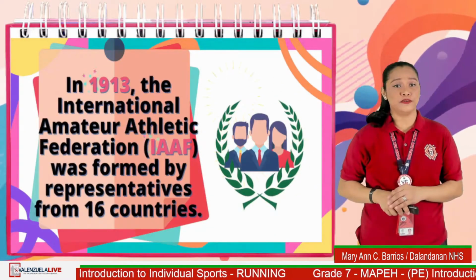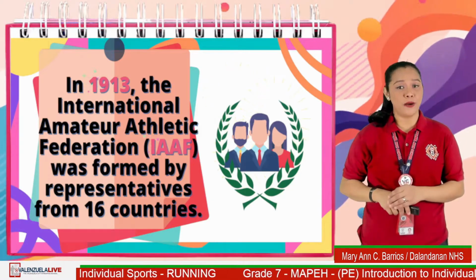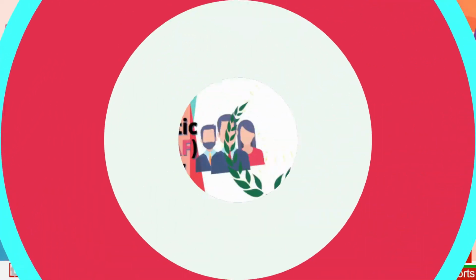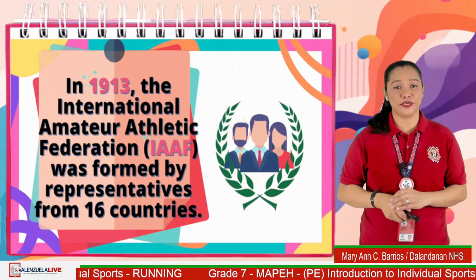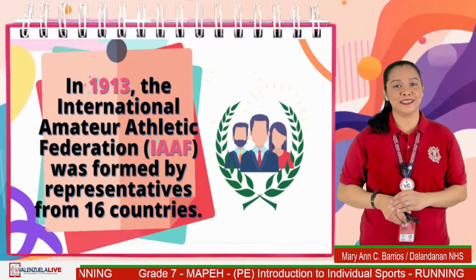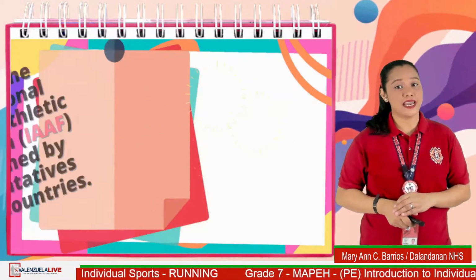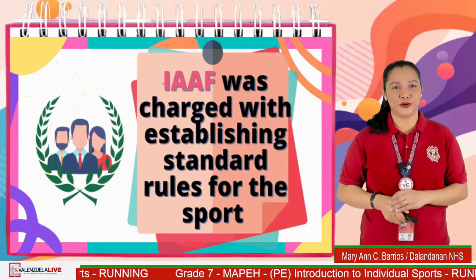Throughout the latter part of the 18th century, track and field, including running, took a prominent place in the field of sport. In 1913, the International Amateur Athletics Federation, or IAAF, was formed by representatives from 16 countries. The IAAF was charged with establishing standard rules for the sport.